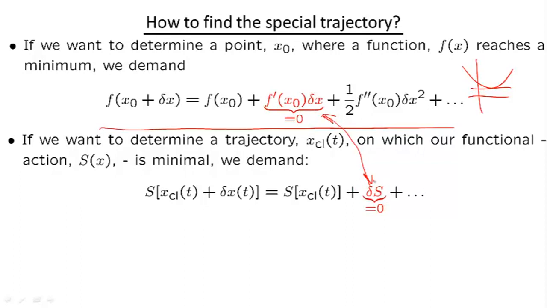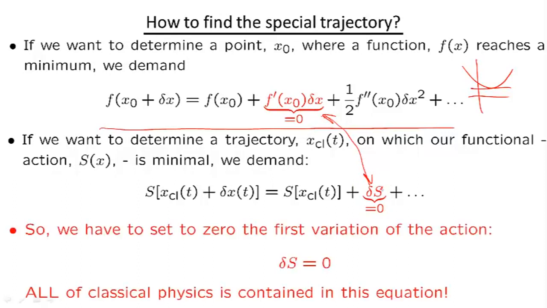And this equation, delta S equals 0, is a mathematical expression of the principle of least action, and in some sense all of classical physics is contained in this equation, which is actually quite remarkable.